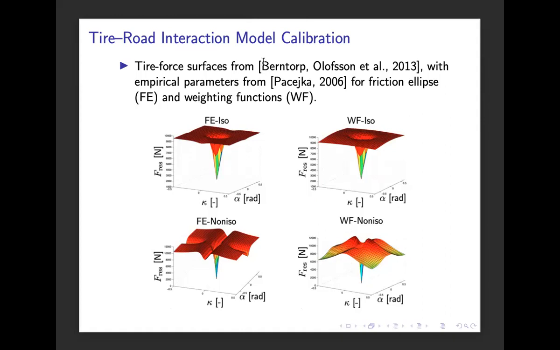Since we use these kinds of models for optimization, it is quite important what this surface looks like if you should utilize the maximum possible of the tire forces. Because we would like to maximize the tire utilization by being close to the peaks here.